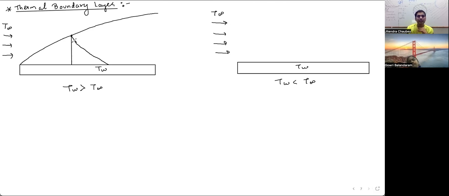And this is the profile. This is the thermal profile or temperature profile which is generated in such a fluid. This vertical distance is called the thickness of the boundary layer, or thickness of the thermal boundary layer.